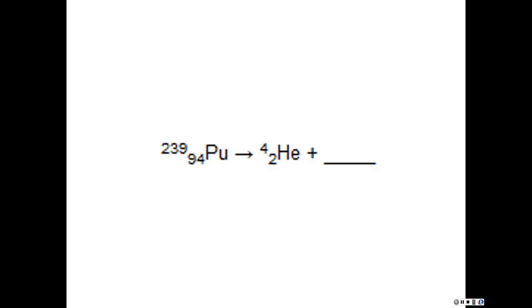Okay. So we start with 239 for our mass, 94 protons. We're giving up an alpha particle, so we're looking for our daughter particle here. 239, and 4 has been accounted for so far, so this is going to be 235. 94 minus 2 is going to be 92. And that's then uranium.